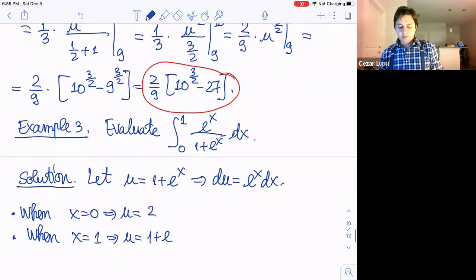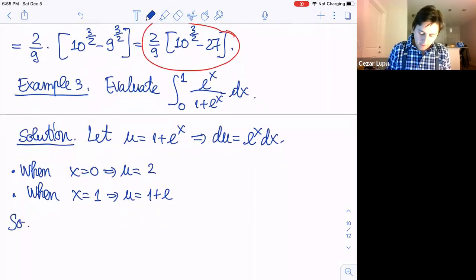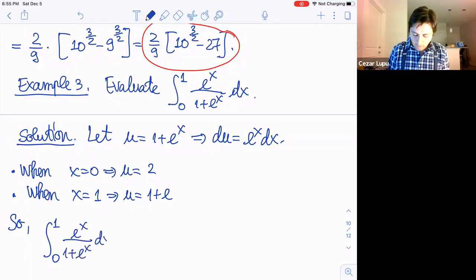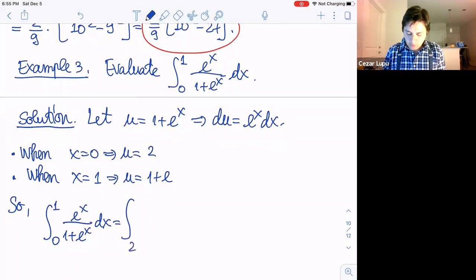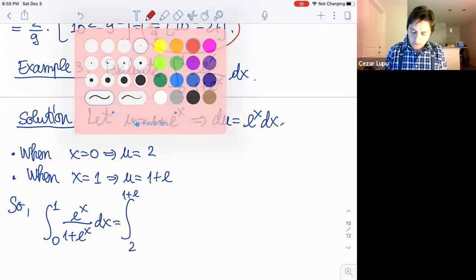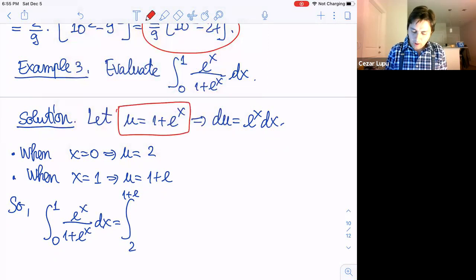Okay, that's great. So our integral will become the following. The integral from 0 to 1 of e to the x over 1 plus e to the x dx will be nothing else than, now we're going to change the bounds, from 2 to 1 plus e of, and now let's not forget what the u sub is.